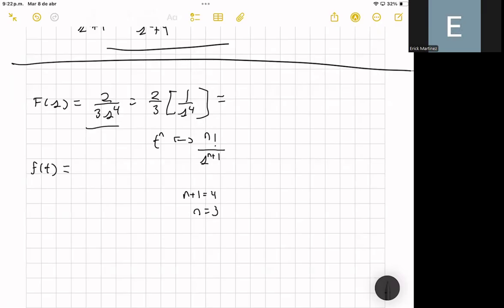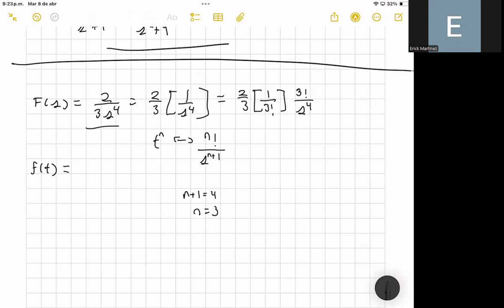So now with this information, we can multiply 3 factorial in the numerator and in the denominator. So we have 2 over 3 times 1 over 3 factorial, times 3 factorial over s elevated to the 4th power. Okay? So this is the expression that we want.